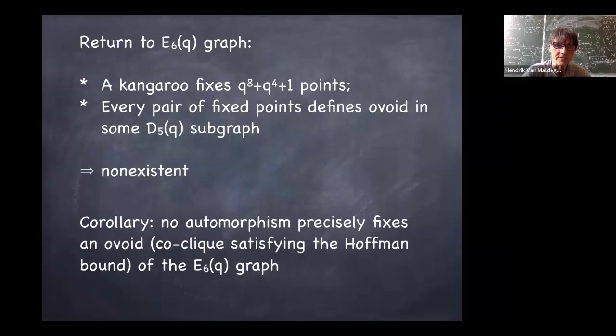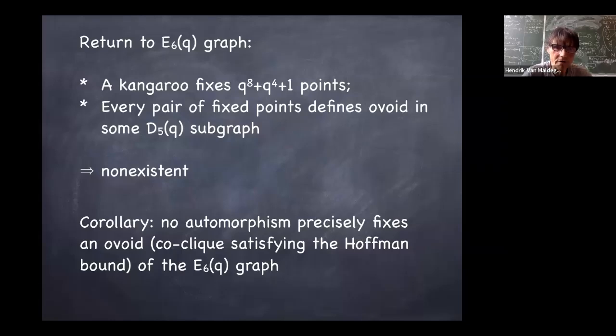But what you can make out of that is the following corollary. Because these q to the 8 plus q to the 4 plus 1 points are mutually not adjacent, it's a co-clique that satisfies the Hoffman bound. So one could rightfully call it an ovoid of the E(6,q) geometry. It was already noticed like this by Cooperstein, well, a long time ago, in fact.